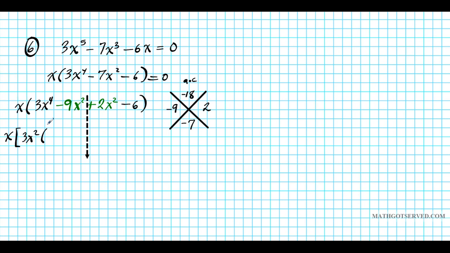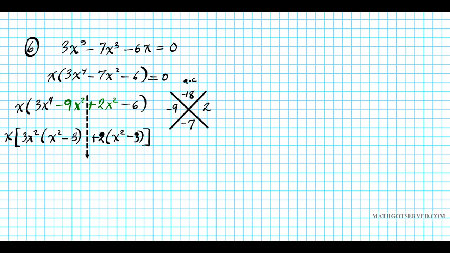Then we are left with x squared minus, take out 3 from that, minus 3. Now over here we can pull out a 2, so plus 2, and then we have x squared minus 3. Let's check to see if our factorization is correct.